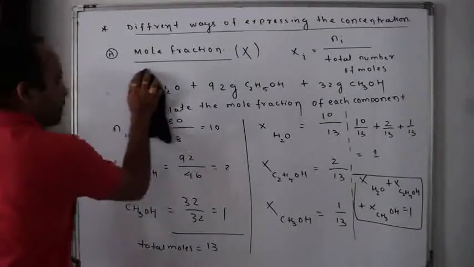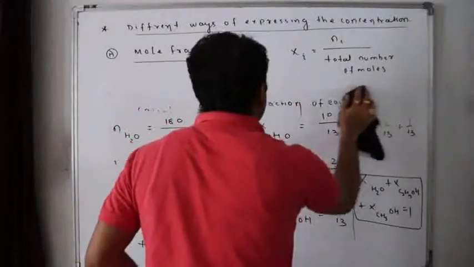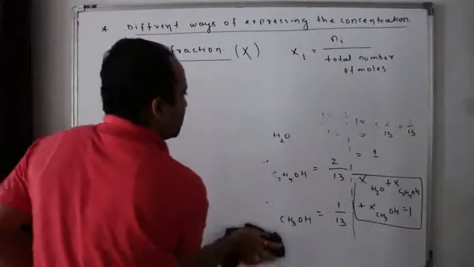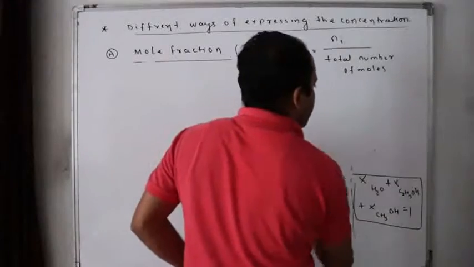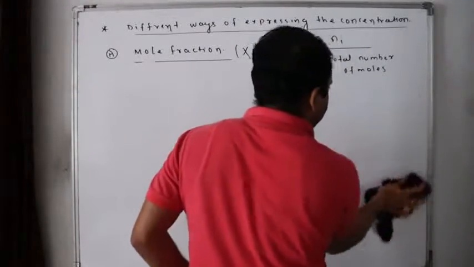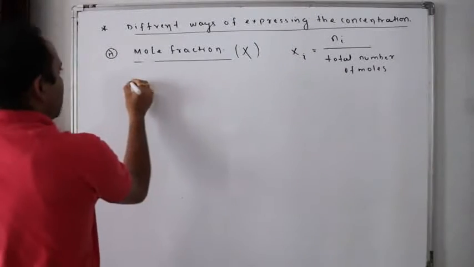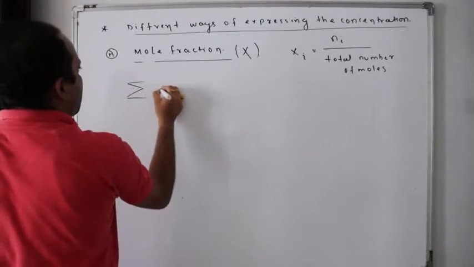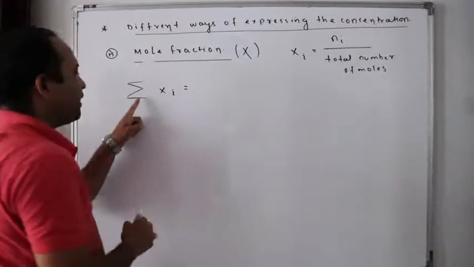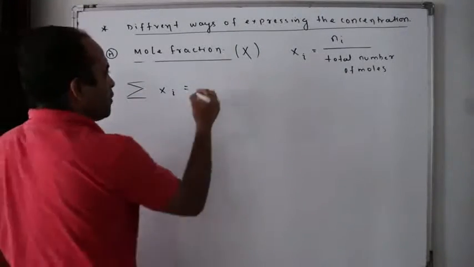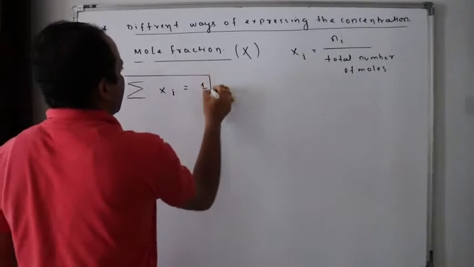Now come to this concept. What is that? Mole fraction, or I am writing here, this is called sum. Sum of the mole fractions is always equal to 1.